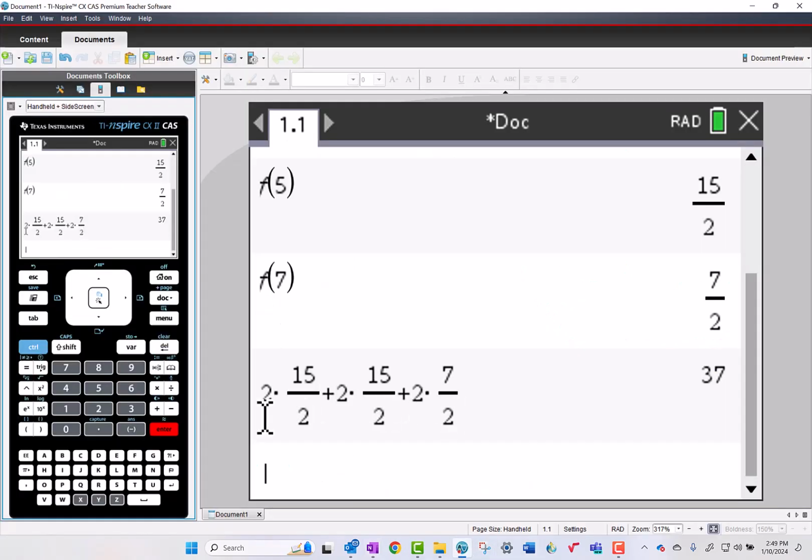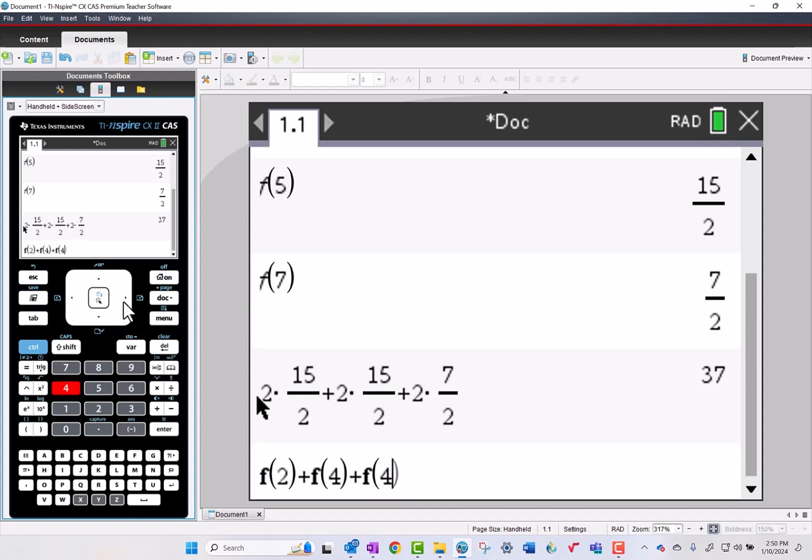And so what I'm going to do is I'm going to do it all at once. F of, what was it? F of 2 plus F of 4. That's the first one. Plus, I'm just going to put it all in one string. Then F of 4. I'm doing the second one now.